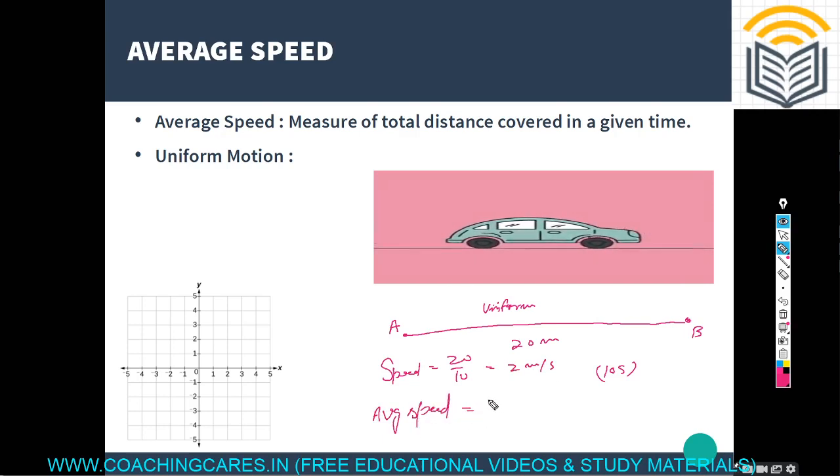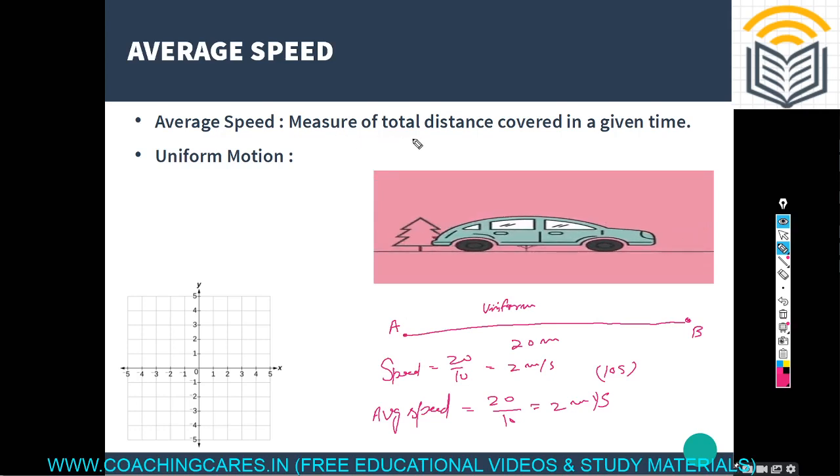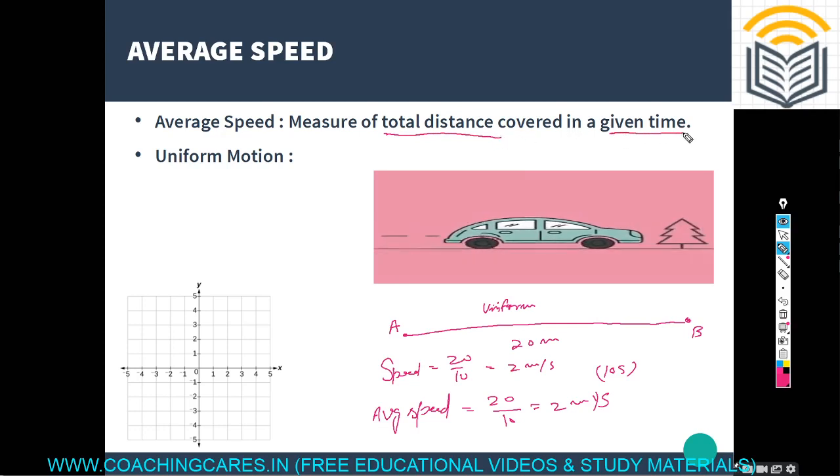Why? Because average speed is nothing but the total distance covered. This is a measure of total distance covered in a given time.